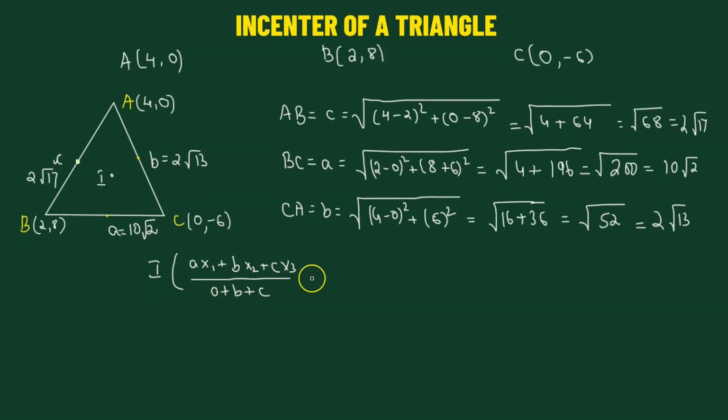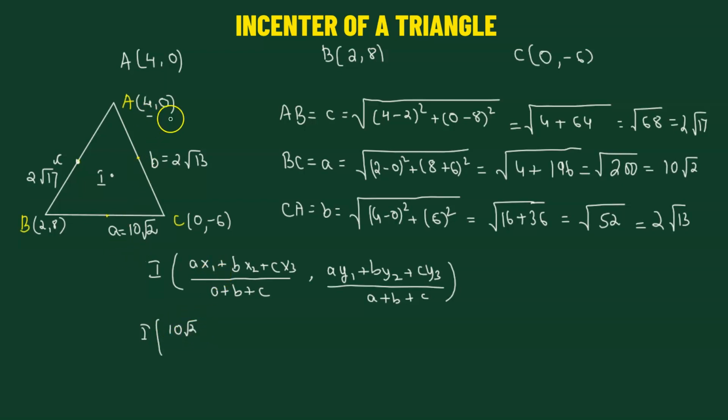So that's the X coordinate. And the Y coordinate will be (AY1 plus BY2 plus CY3) whole divided by A plus B plus C. Now what we'll do, we'll substitute the respective values. So A comes out to be 10 times square root of 2. This is going to be multiplied with x1.